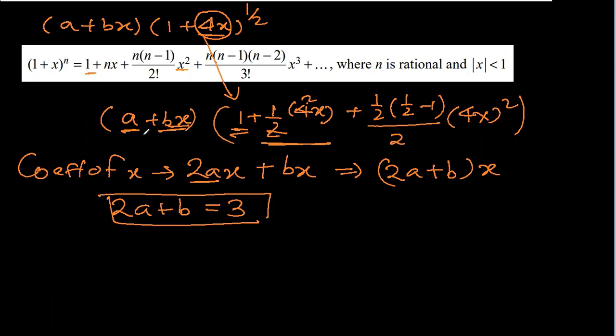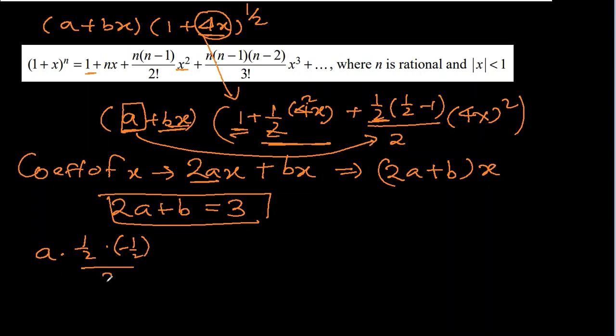If I want x square now, this a will give x square if it multiplies with x square, which is this one. So a multiplies with this half, multiplied by half minus 1 is minus half, divided by 2, multiplied by square of 4x will be 16x square.